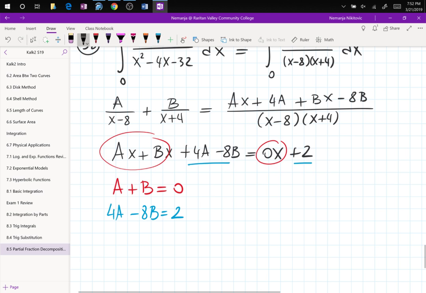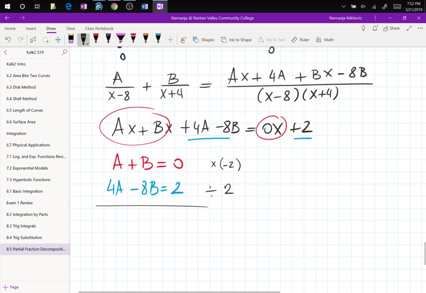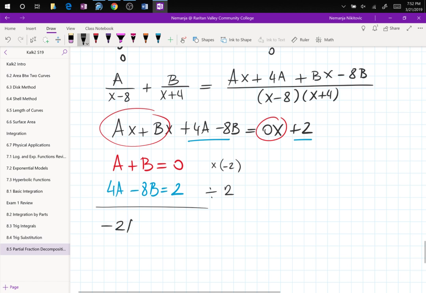When you are looking at these equations, notice that the equation on the bottom can be divided by 2 to reduce numbers, and that would bring our 4A to be 2A. So if I multiply the top by negative 2, we will have negative 2A minus 2B is equal to 0, and then I'll have 2A minus 4B equals 1.